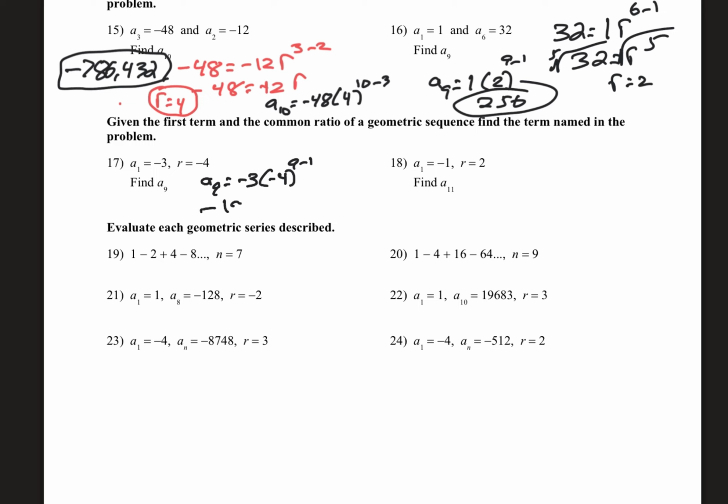Negative 196,608. a of 11 is equal to negative 1 times 2 to the 11 minus 1. So negative 1 times 2 raised to the 10th. Negative 1,024.